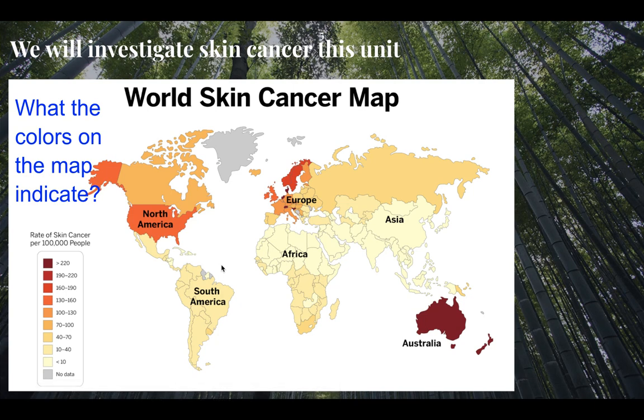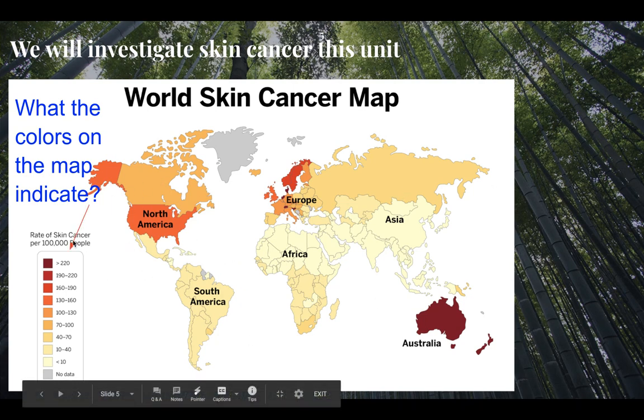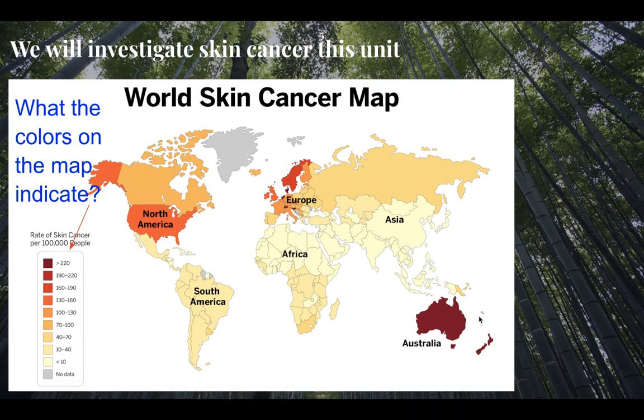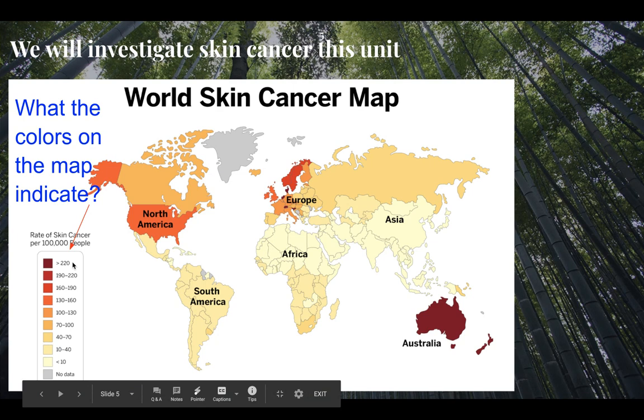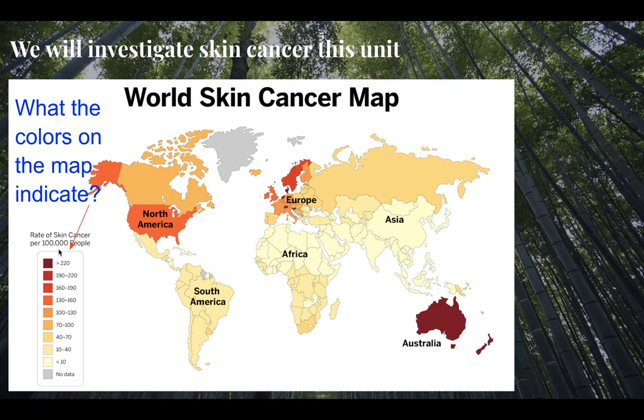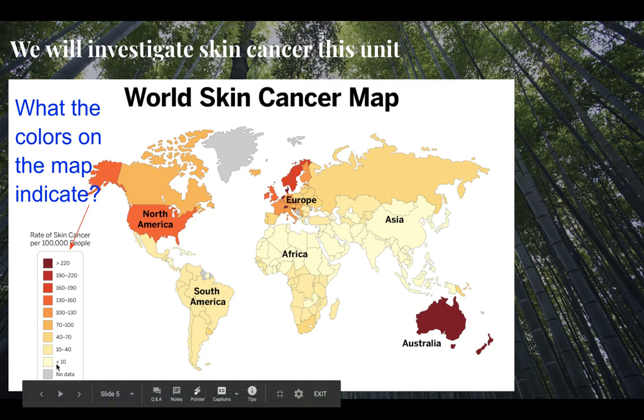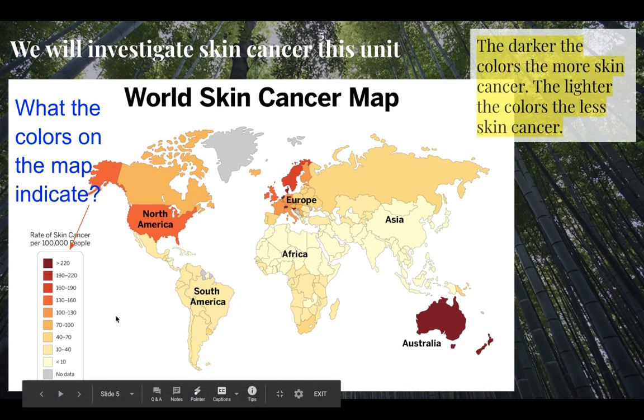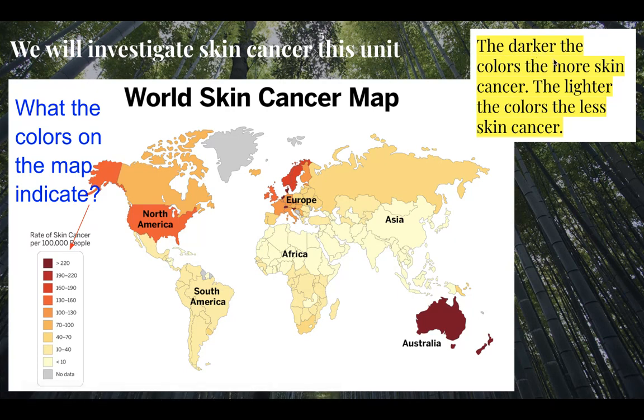So for the Google form, you have to look at this map and look at the key. The darker the colors, it means there's a higher rate of skin cancer. The lighter the colors means fewer people have skin cancer. That's what I just added over here. So the darker the colors, the more skin cancer.